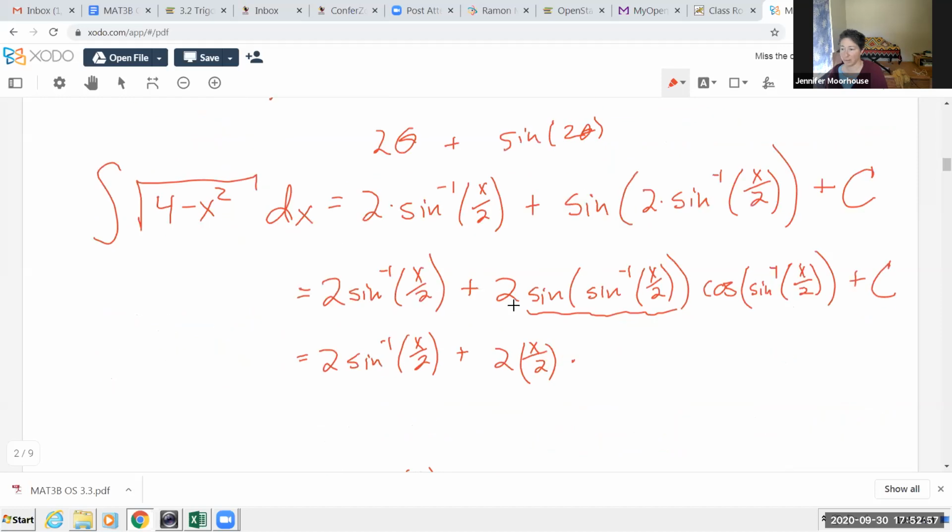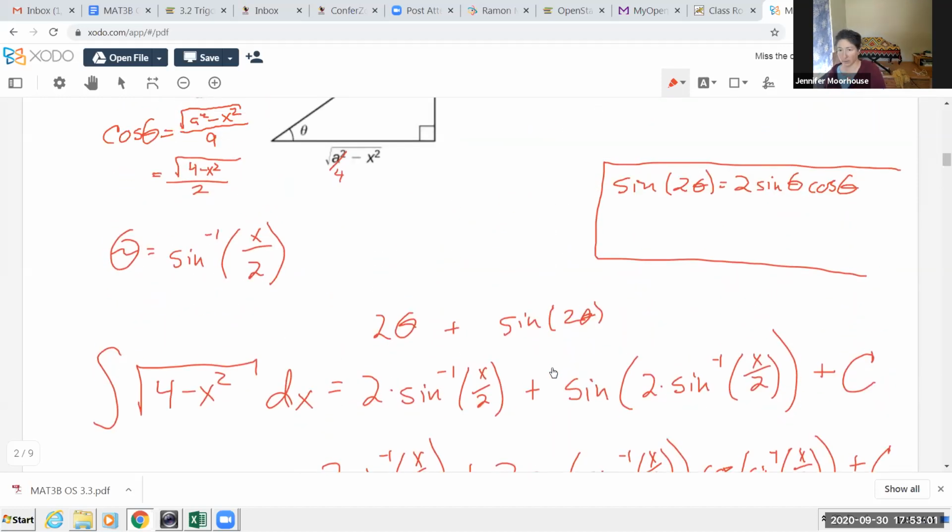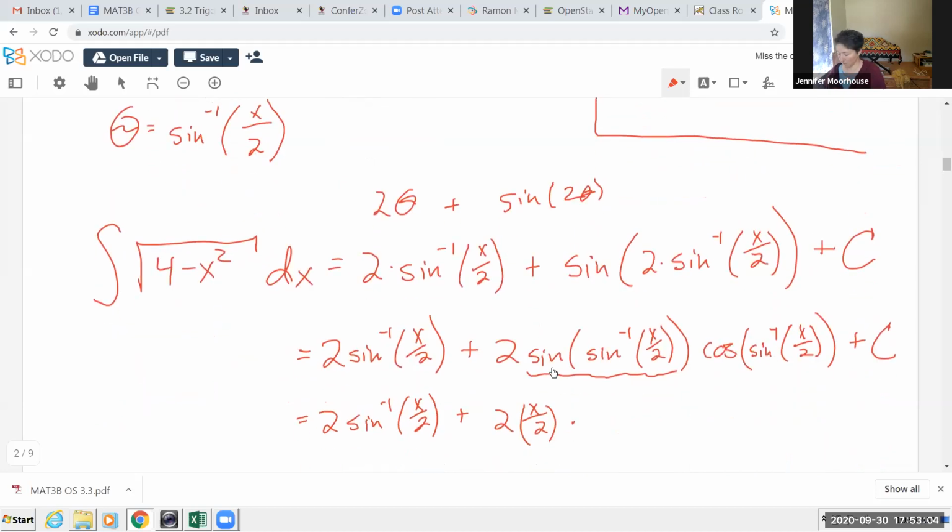All right, so that is our cosine of sine inverse, the square root of 4 minus x squared over 2.